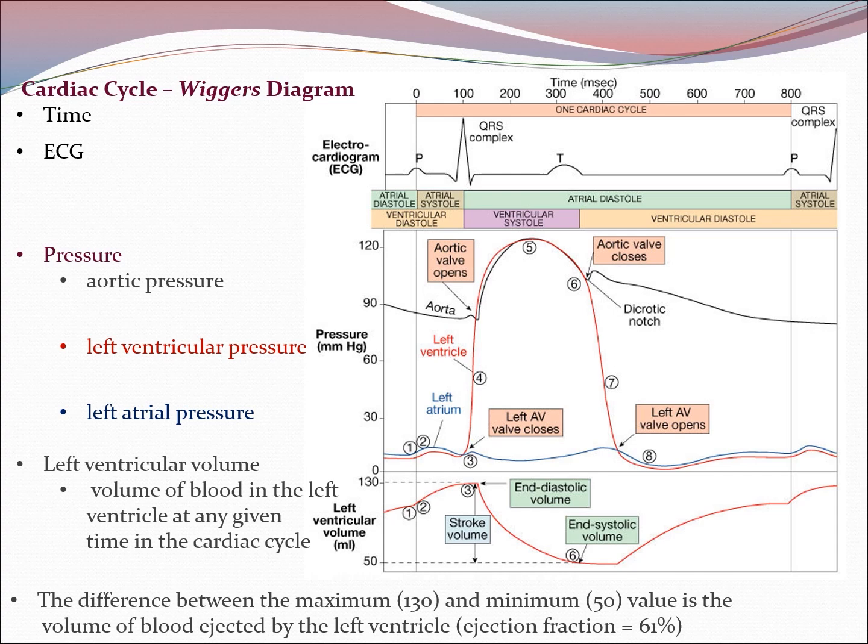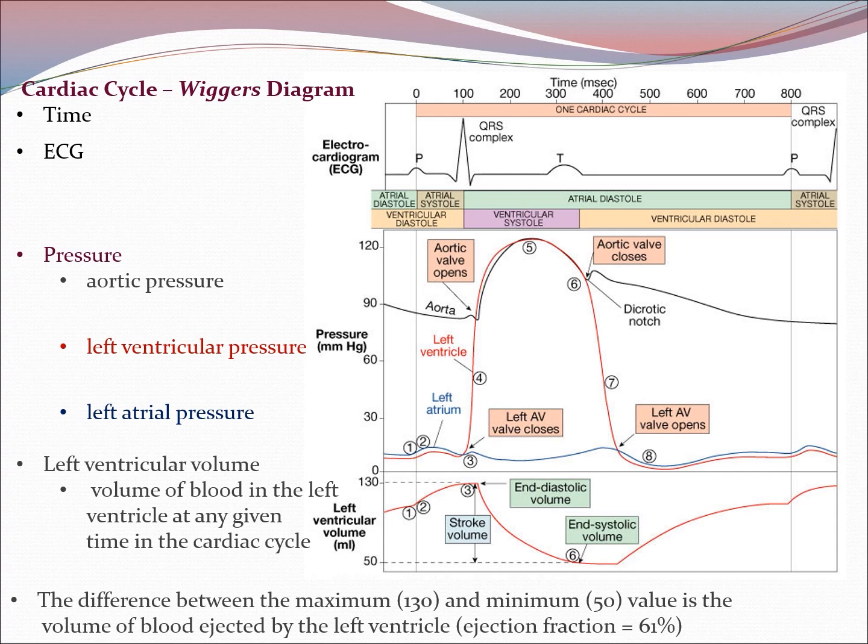And then there is the left atrial pressure, which is reflected in the blue line. At the very bottom is the left ventricular volume. The left ventricular volume is the blood contained within the left ventricular chamber at any given point in the cardiac cycle. The difference between the maximum and the minimum value is the volume of blood that's ejected by the left ventricle.